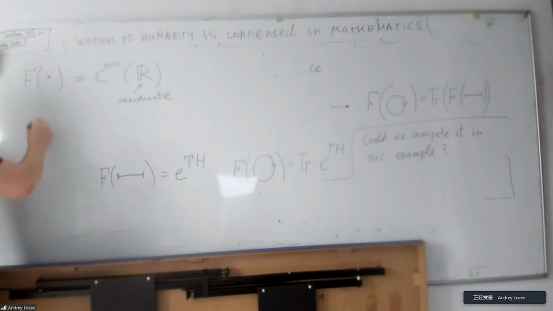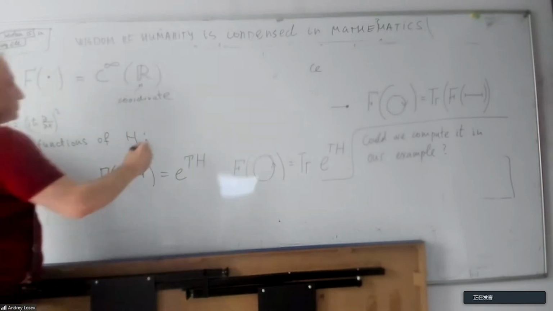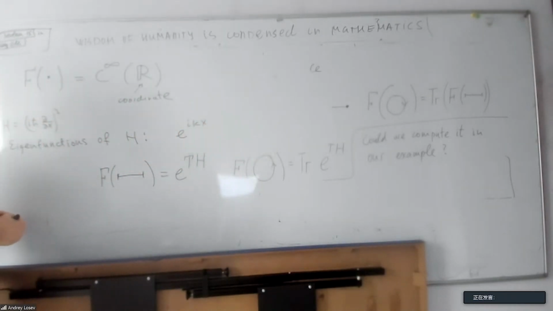Now, let us see. So this is the Hamiltonian. How to compute the trace? Let us compute the eigenfunctions of H: e to the ikx. Sorry, I forgot 1/2m.